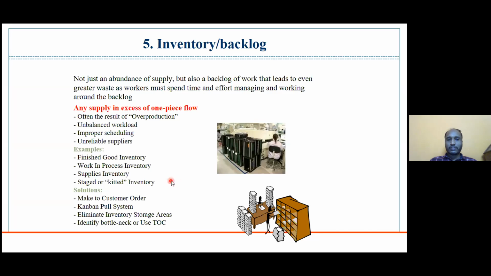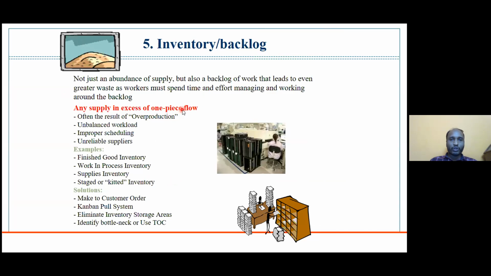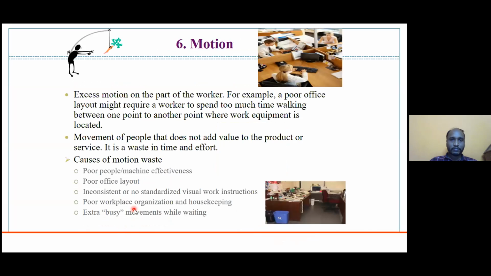So inventory is bad for the company. To overcome this inventory, we are going to put some tools there: the Kanban system, eliminating inventory storage areas, identifying bottlenecks. We will see these tools in upcoming presentations.